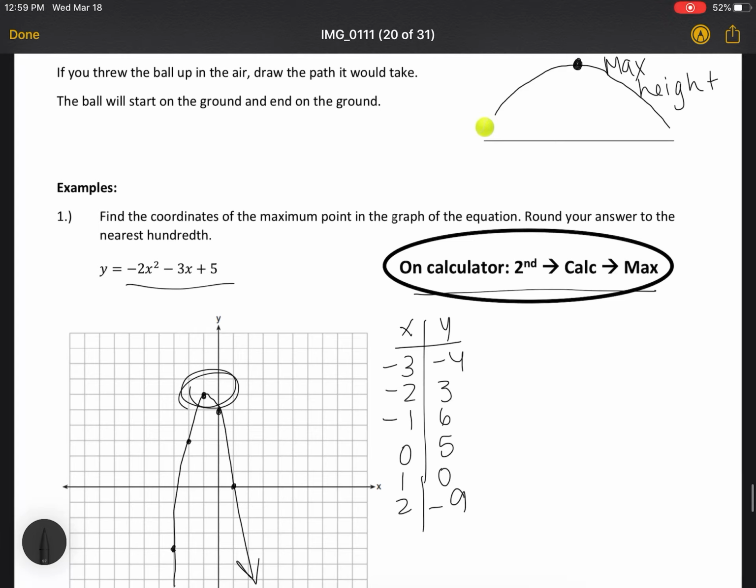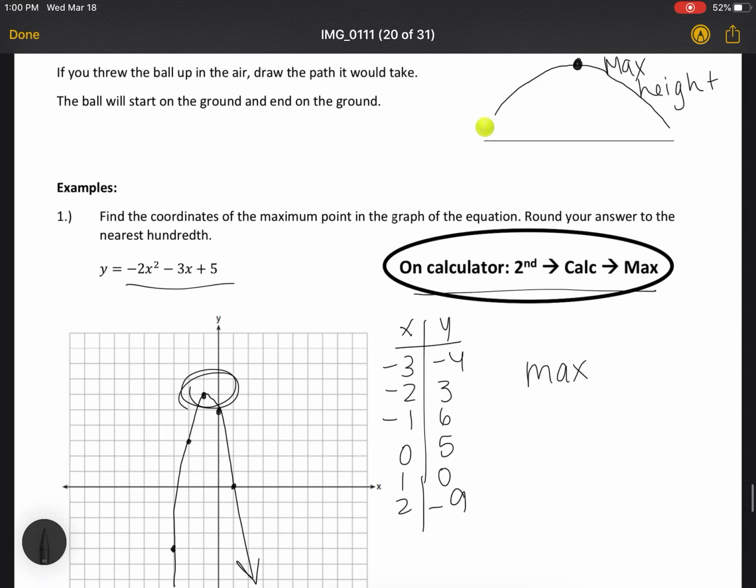On your calculator, it's going to ask you for left bound, right bound, guess. Just make sure for left bound, your cursor is just to the left of your vertex. Right bound, your cursor is just to the right of your vertex. And then hit enter twice for guess.